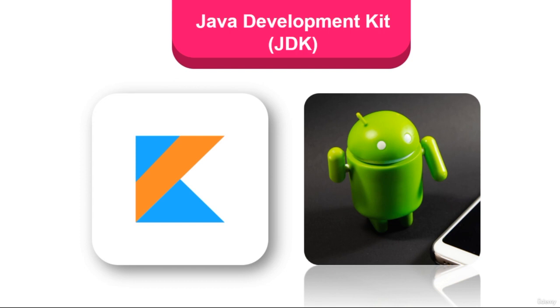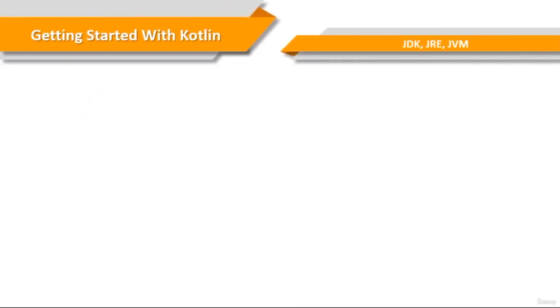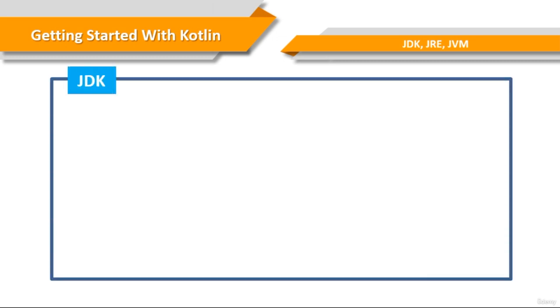Before we move on to the JDK installation, I would like to briefly explain the concepts of the Java Development Kit, which we refer to as the JDK, the Java Virtual Machine, or JVM, and the Java Runtime Environment, or JRE. The Java Development Kit is a software development environment used to develop Java applications.